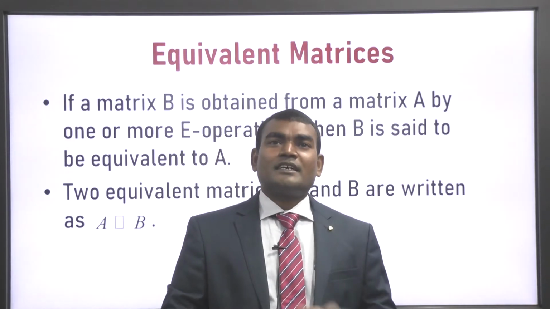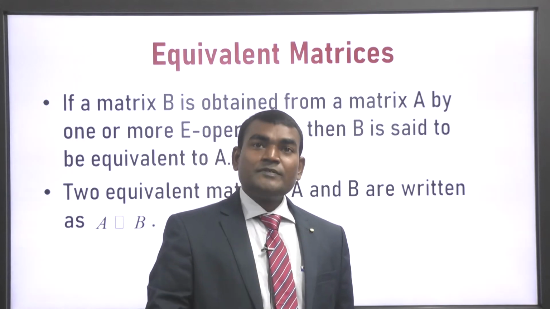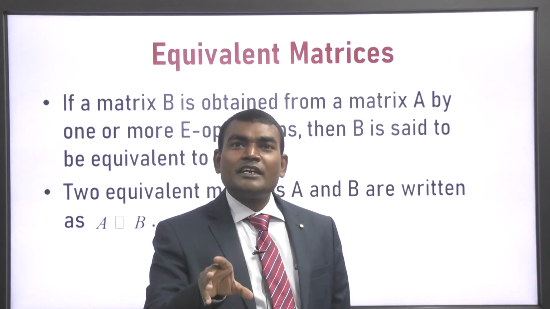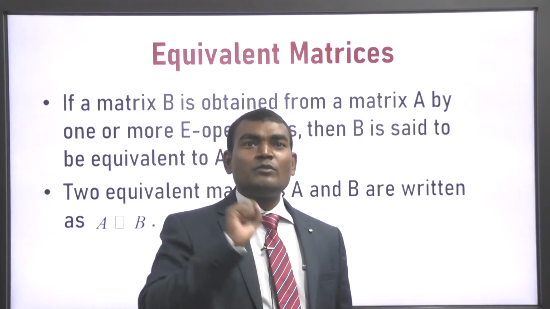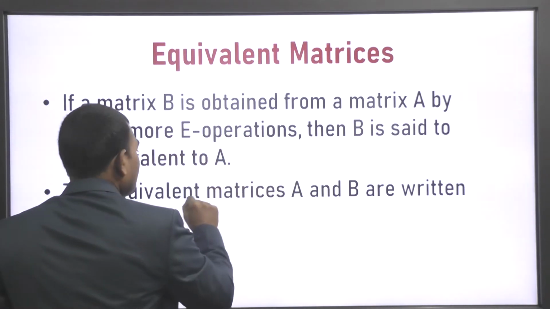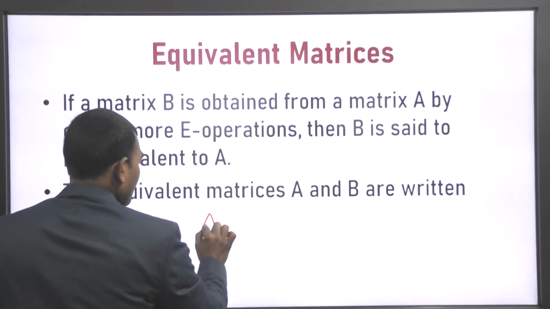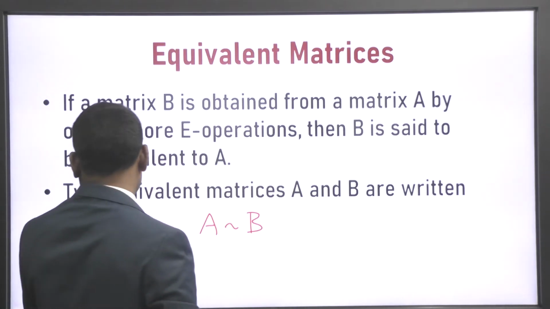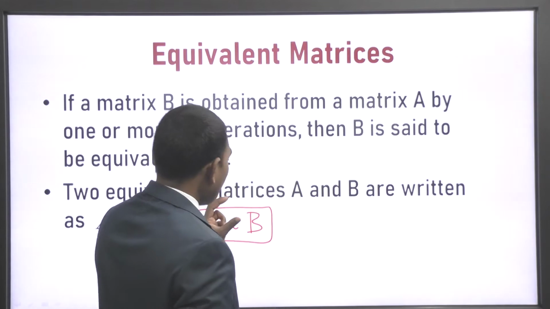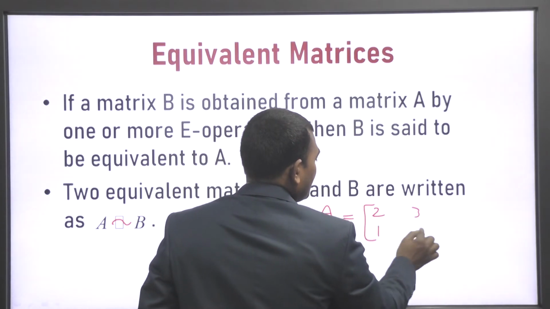Now, see here, equivalent matrices. Any matrix B which is obtained from a matrix A by one or more elementary operations or elementary transformations is said to be an equivalent matrix of A. Two equivalent matrices A and B are written as A wiggle B; this is the notation. For example, suppose A is 2 3 1 0.